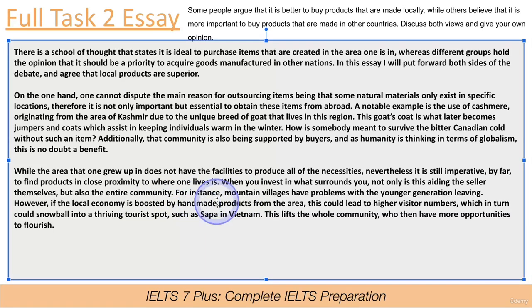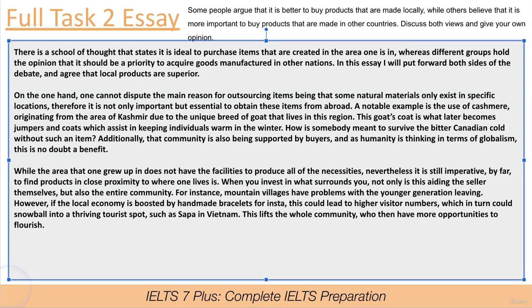Okay. Maybe we could use a specific example here. It's boosted by handmade bracelets, for instance.